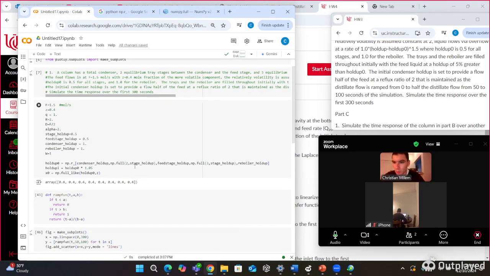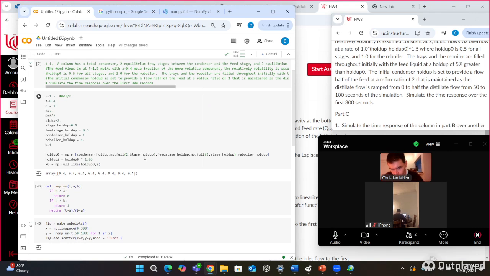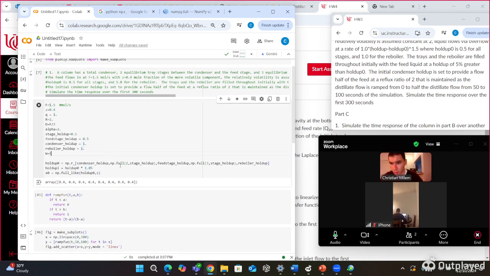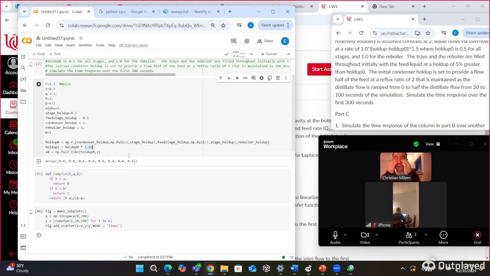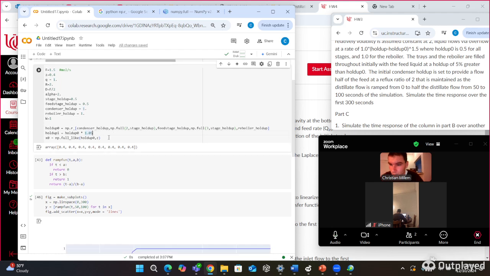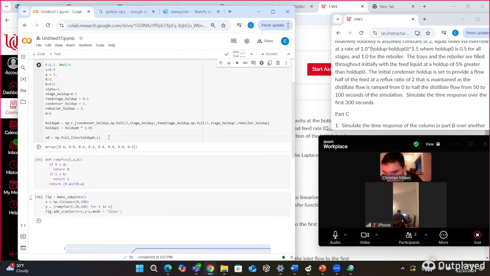One thing I did want to jump back to is we do have to set specifically what the holdup of our condenser would be.